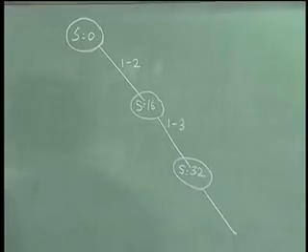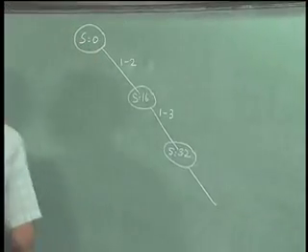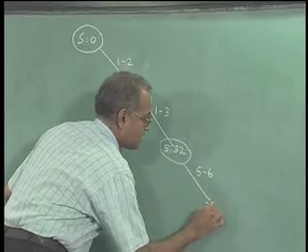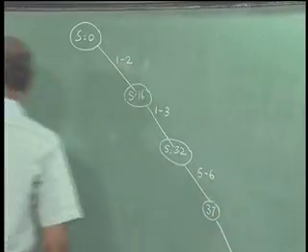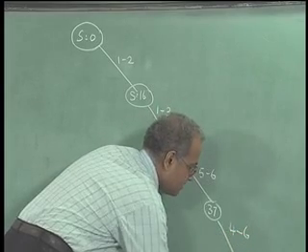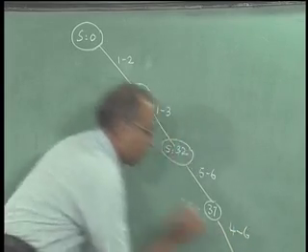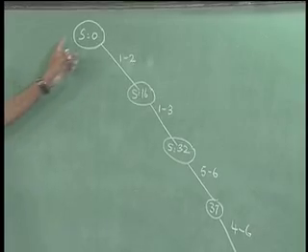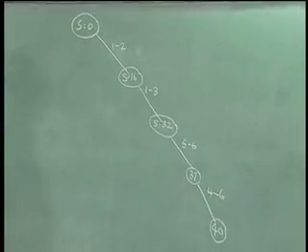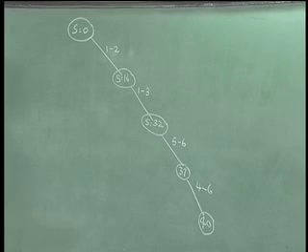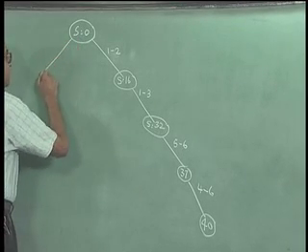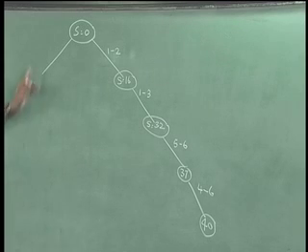Then we used 5 and 6 together. So savings equal to 37, and then we used 4 and 6 together to get savings equal to 40. So the Clark and Wright method gave us this kind of a solution with savings equal to 40.